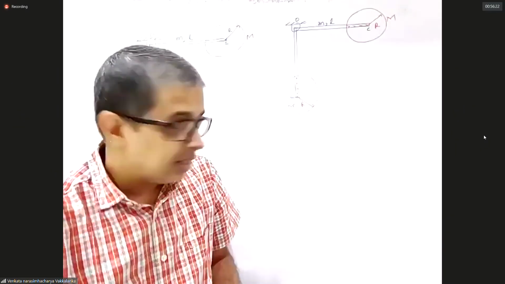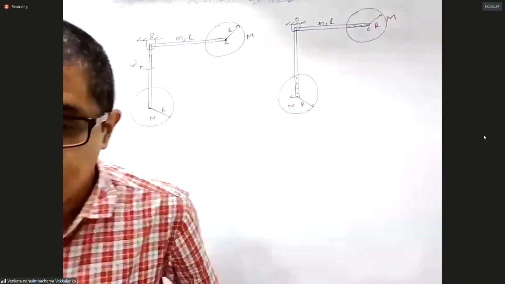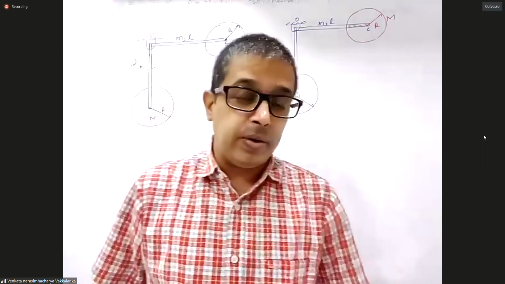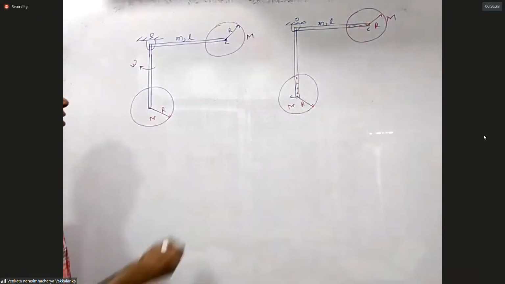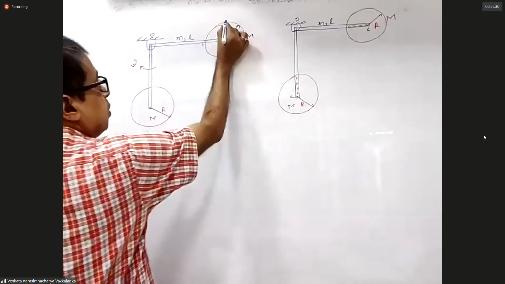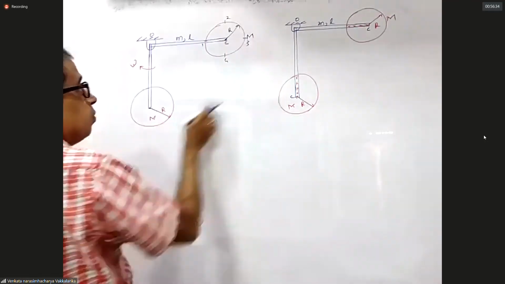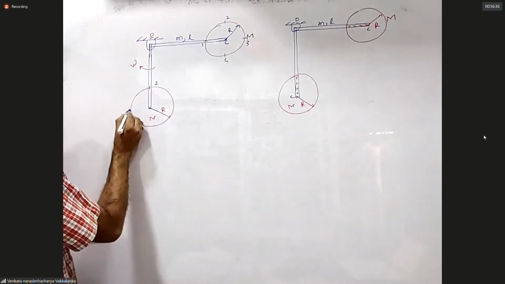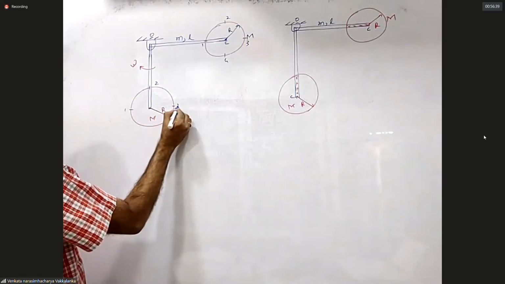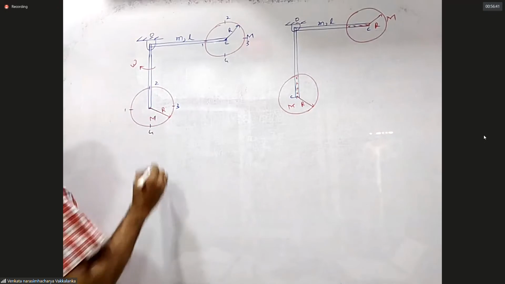I'll put it in terms of numbers. I'll label them. Pay attention. I'll call this point 1, point 2, point 3, point 4. When the disk came down, this will remain 2, this will remain 1, this will remain 3 and 4.